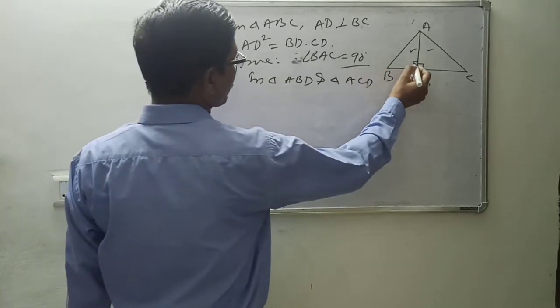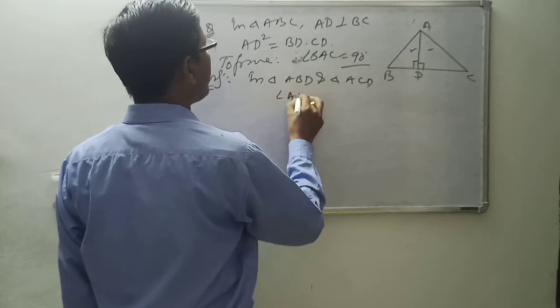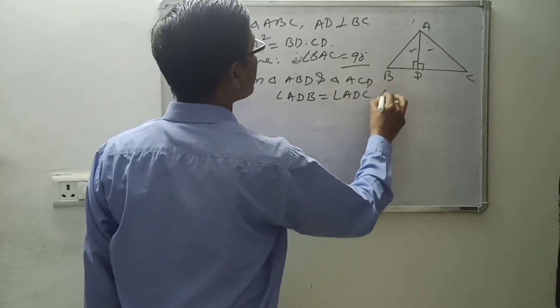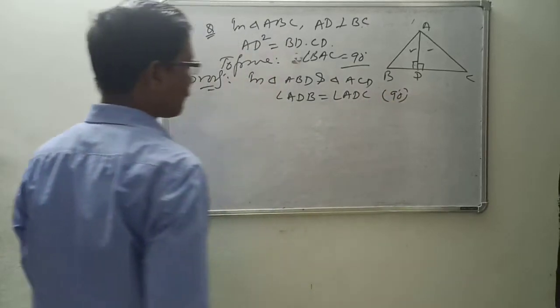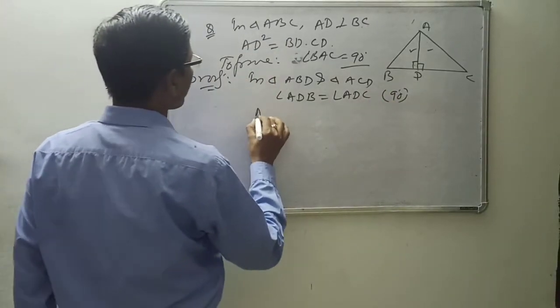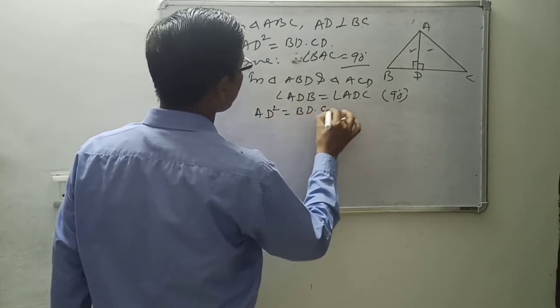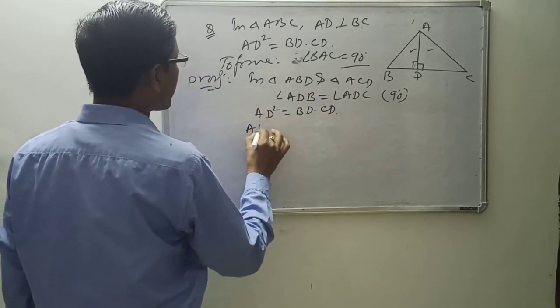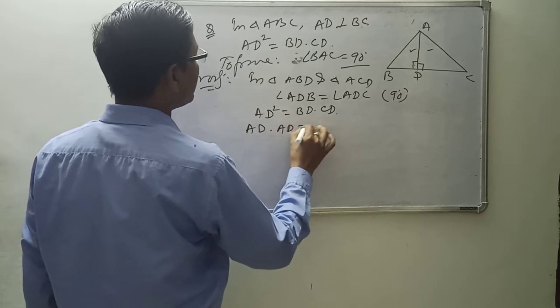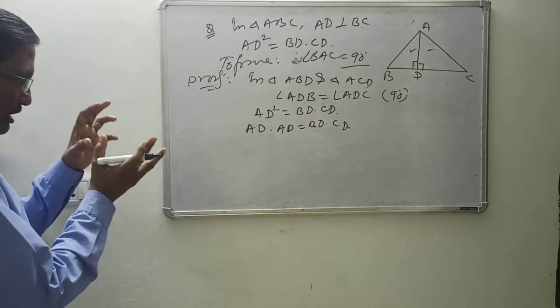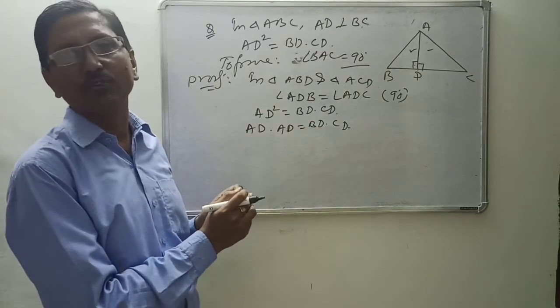Here, look, first of all, one angle you are having ADB, at that side ADC, because perpendicular, each angle is 90 degrees. Second condition, look, AD square is equal to BD into CD. That means here AD into AD equal to BD into CD. But you have to write it in ratio form.